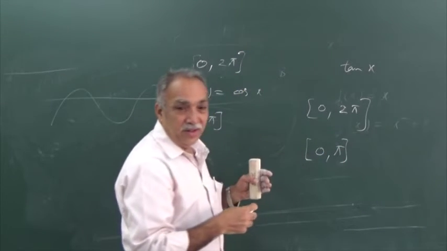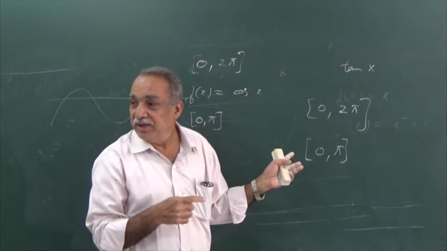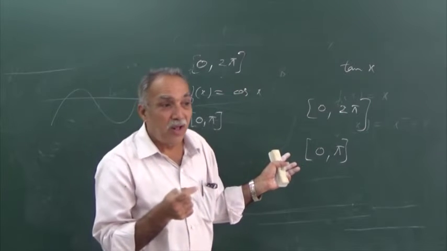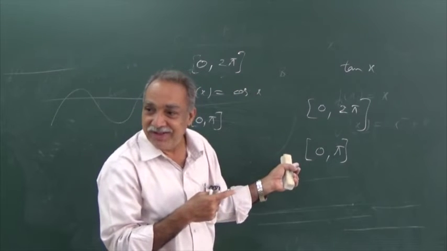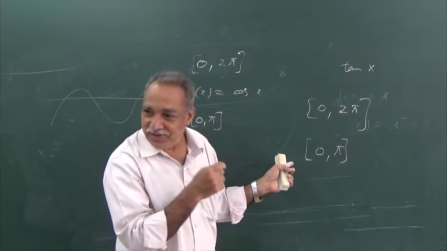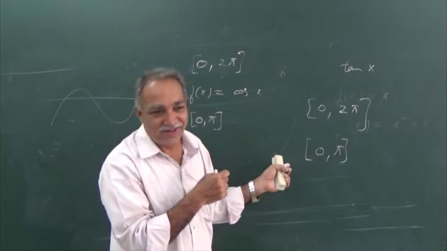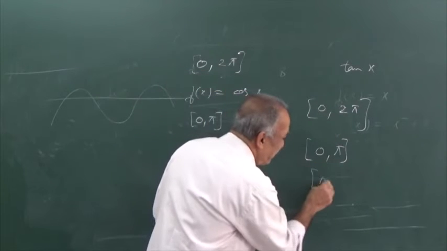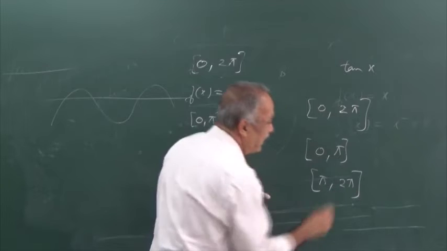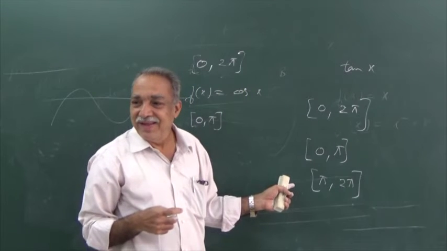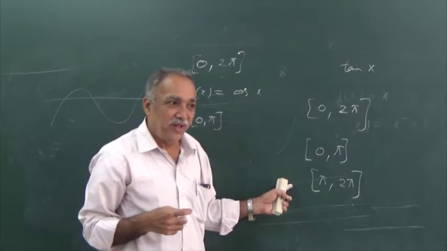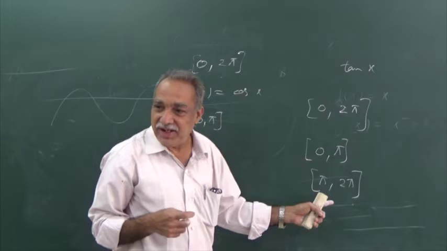Not 1, 1. Quadrants included are 3. What about this one? Is it 1, 1? Yes, one positive quadrant, one negative quadrant, it is 1, 1. Right. It is 1, 1. One positive quadrant, one negative quadrant.